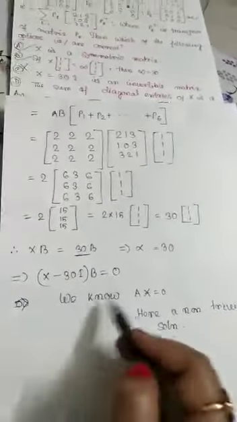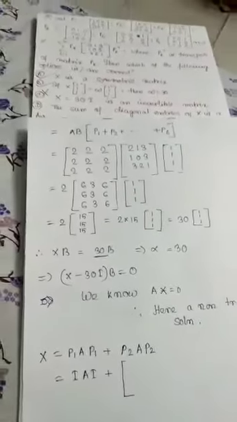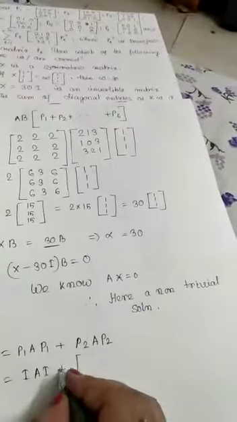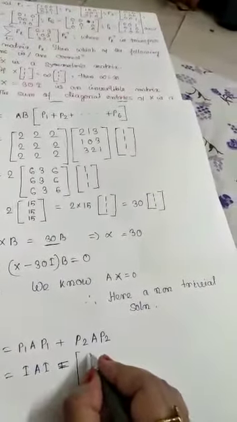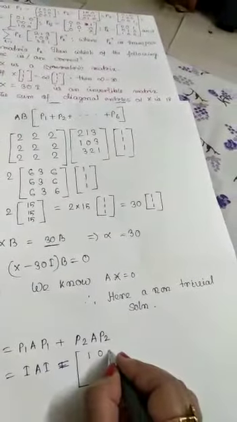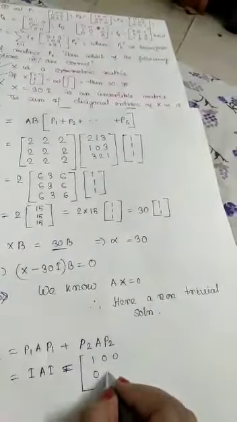Now getting to option D, X is equal to P1 A P1 transpose plus P2 A P2 transpose, that is equal to I A I plus P2 A P2 transpose, where I is equal to 1 0 0, 0 1 0, 0 0 1.